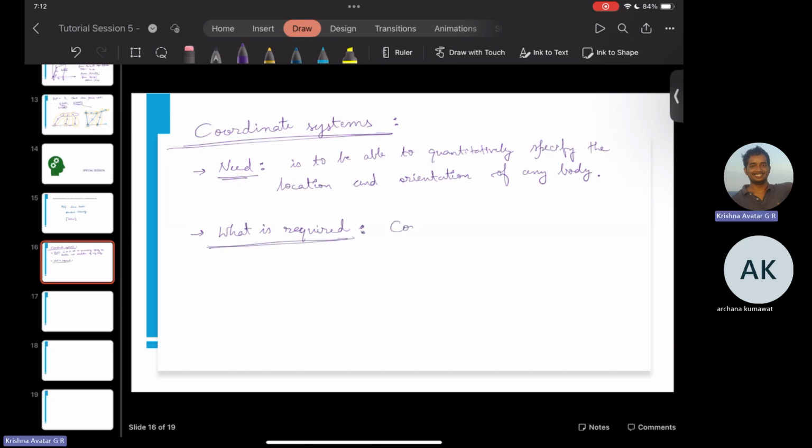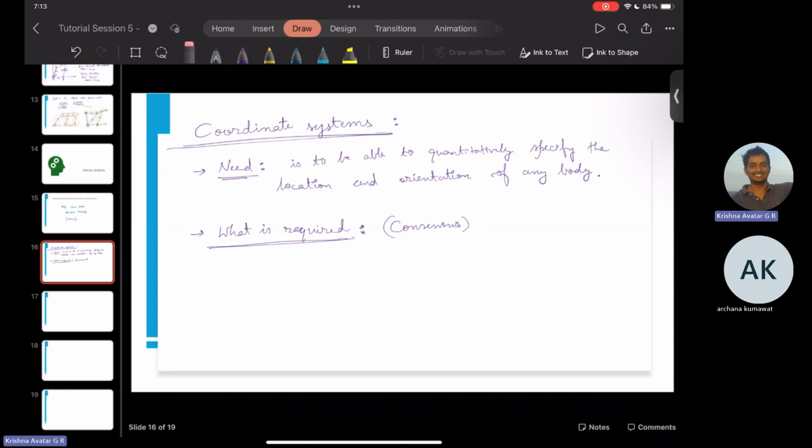Of course, first is consensus. If you are dealing with large scale coordinate systems, say systems like GPS, then of course a consensus has to be made, because that is obviously required. But let's say that is not of quantitative interest right now.